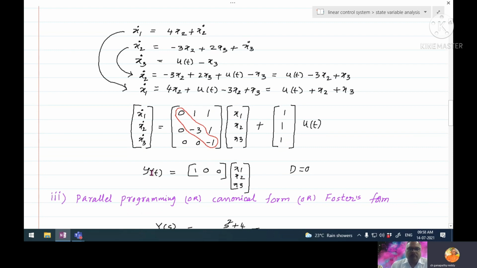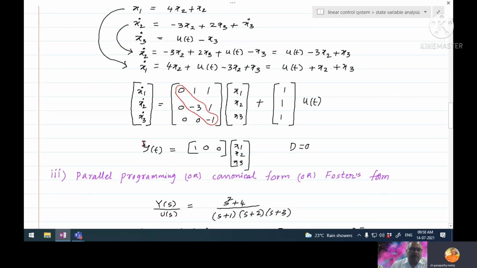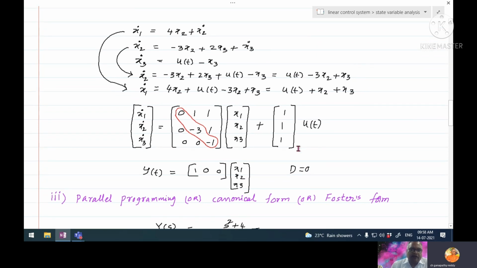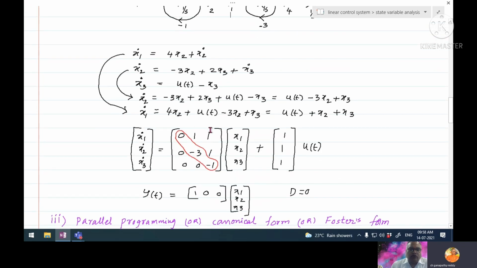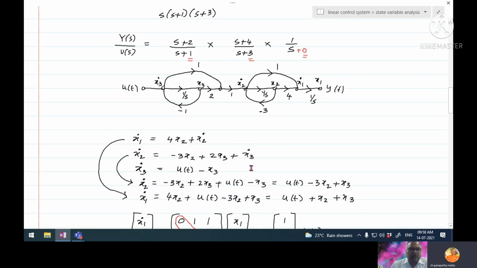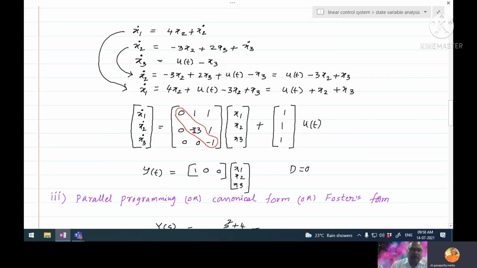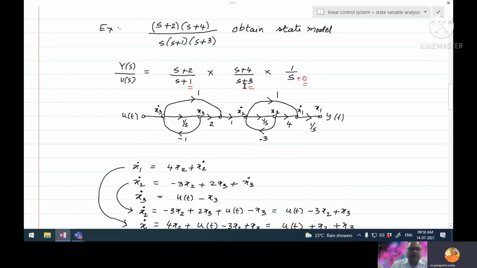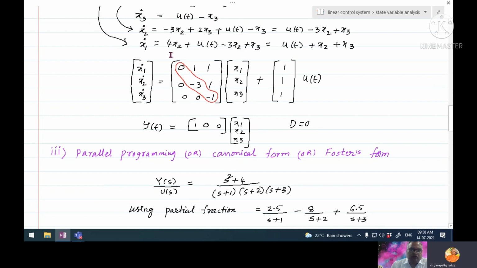Then y of t is equal to x1 of t. So y of t is equal to x1. If you multiply, you will get x. D is 0. Now think: when this form is available, how to write this form. What are these coefficients? 1, 3, and here nothing is there, means 0. Write in reverse order: 1, 3, 0, from bottom to up, diagonal. Minus 1, minus 3, 0.